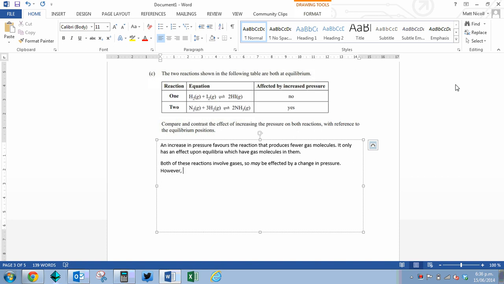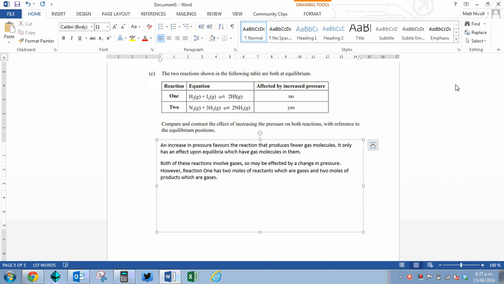However, reaction 1, I've used that word, so why don't I do it, has 2 moles of reactants, which are gases, and 2 moles of products, which are gases.